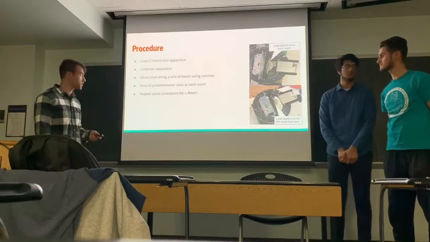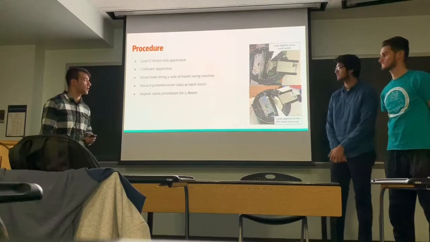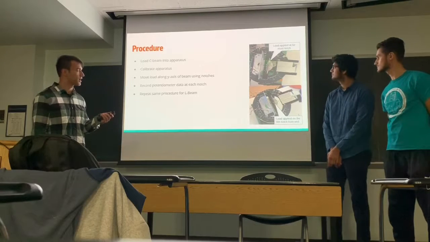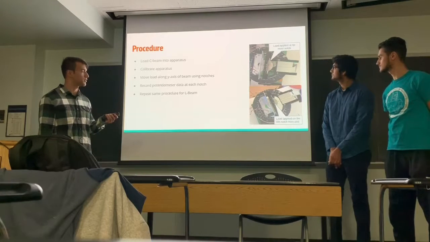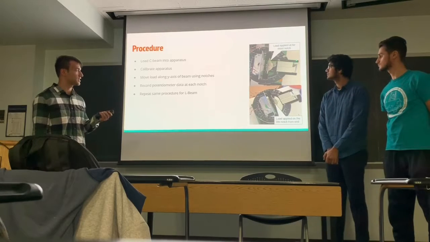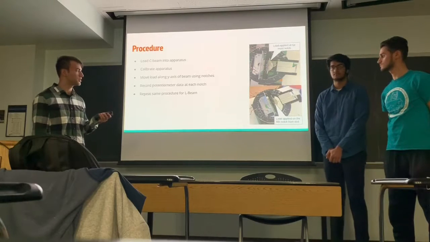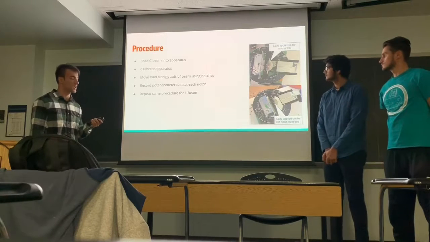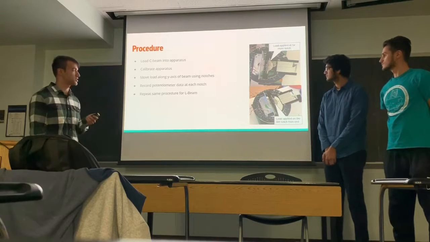So for the procedure of this lab, we first started at the first notch to the left. So we lined up the pulley wheel with the notch so that the string would go along the black line as discussed previously. After we aligned it with the notch and moved the pulley wheel, we took potentiometer readings from the left and the right and recorded it for that position.